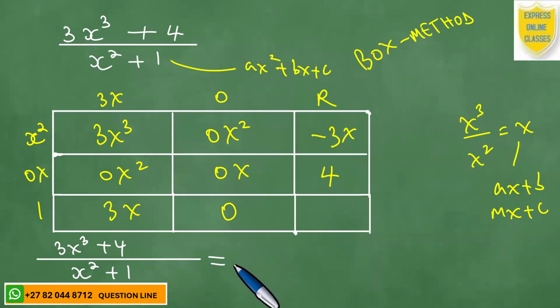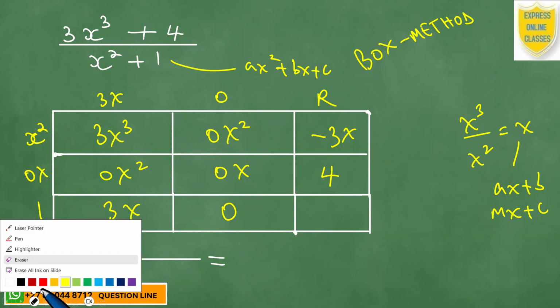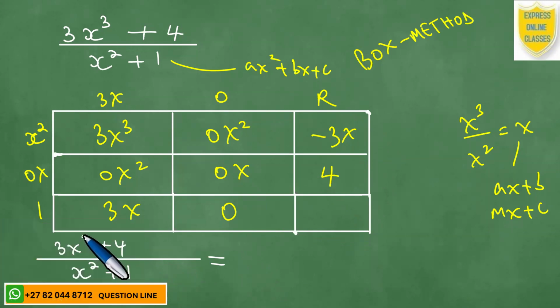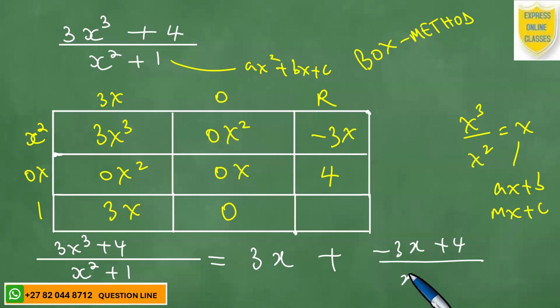And therefore, as a result, we have put the remainder. And when you divide our 3x cubed by x squared plus 1, the quotient is what? It's exactly a 3x. And then what is the remainder, which is minus 3x plus 4, all divided by x squared plus 1.